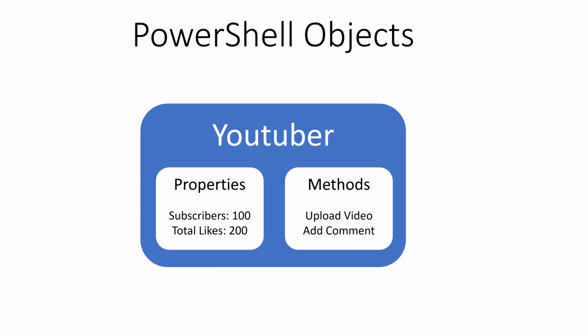Now, that in a nutshell is what an object is. An object is something that we can do something to with methods, and an object is something that has properties, such as the number of subscribers.